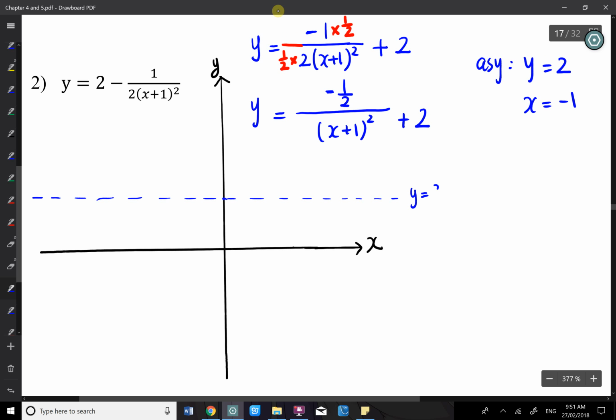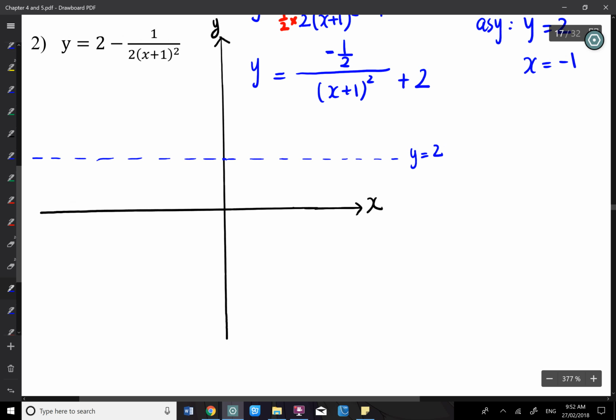That line is y equals 2. That one is x equals -1.